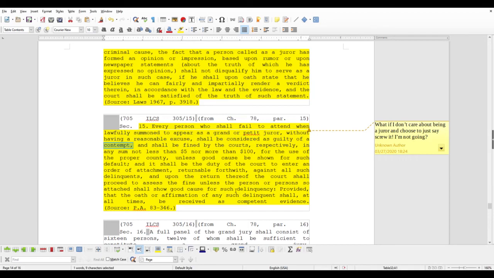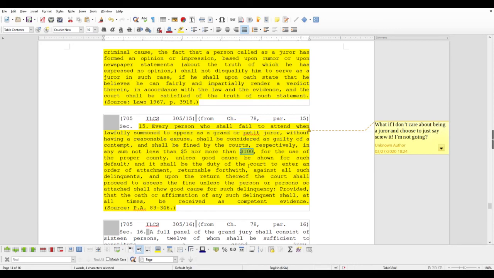It's serious in the sense that you're thumbing your nose at the law and you're not doing your part in society. But it's not going to go on your criminal record, though people could probably still find this information if they do a detailed background check on you. But for the most part, it's not going to go on your record, and you just have to pay up to $100 and you can be on your way.